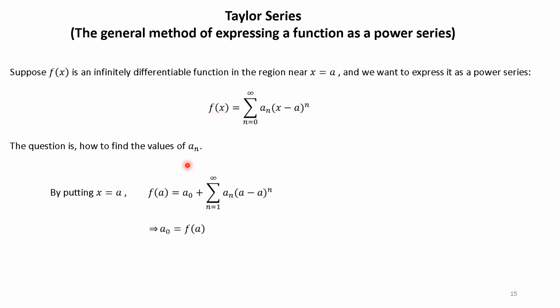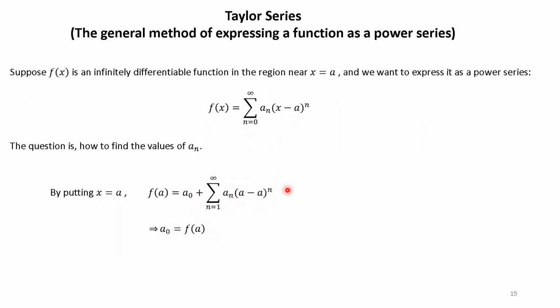So if I simply put x equals a, the left-hand side will be f of a. And the right-hand side, I just put x equals a, so I have this a naught plus this infinite sum, but this infinite sum is simply 0 because I have this x minus a over here. So that tells you that this a naught has to be equal to f of a. Okay, so we figured out the first term a naught.